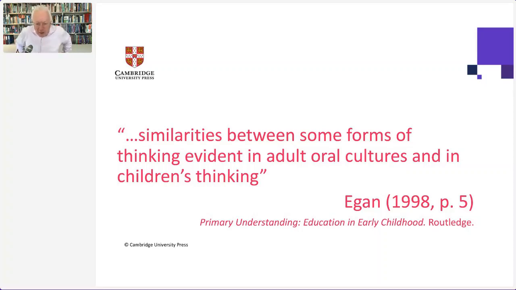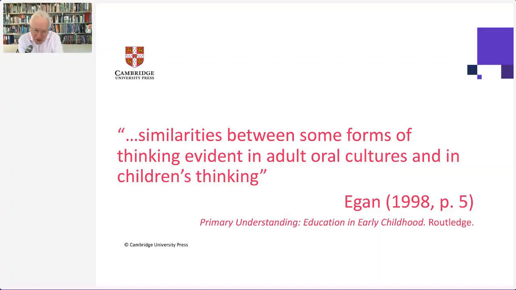So Kieran Egan, in his book Primary Understanding: Education in Early Childhood, stresses that there are some similarities between some forms of thinking that are evident in adult oral cultures, in so-called primitive cultures, if I may say that, which are of course not primitive, but they haven't developed reading and writing yet, and in children's thinking.